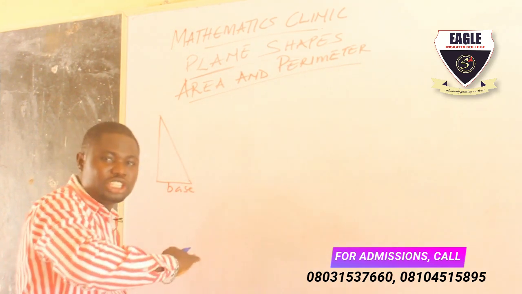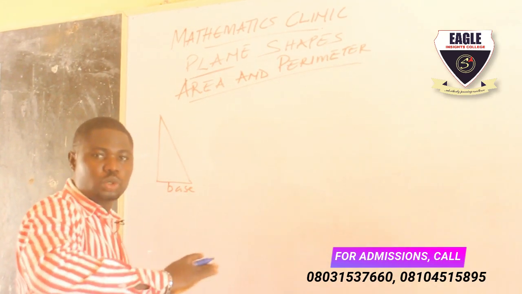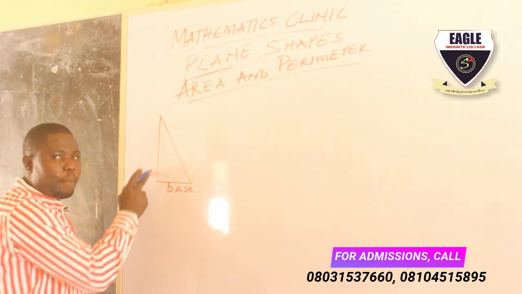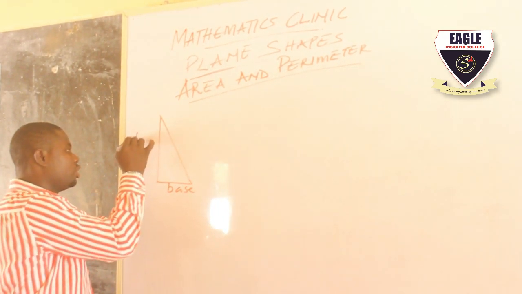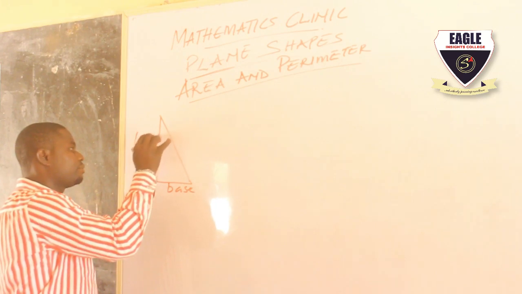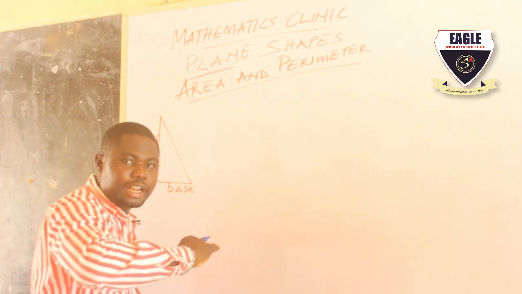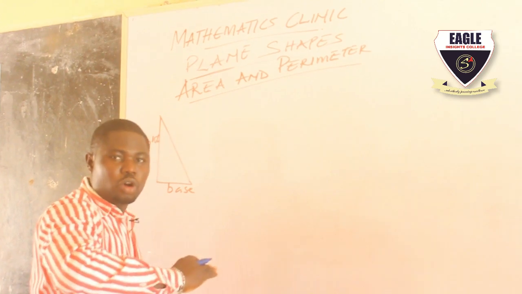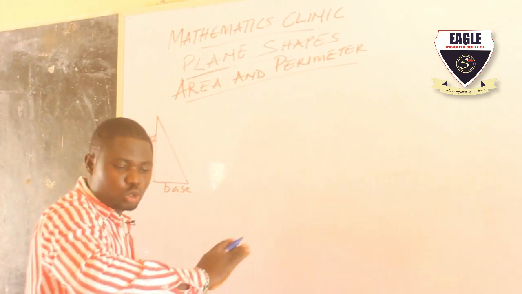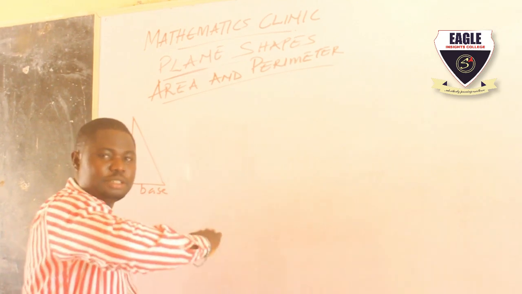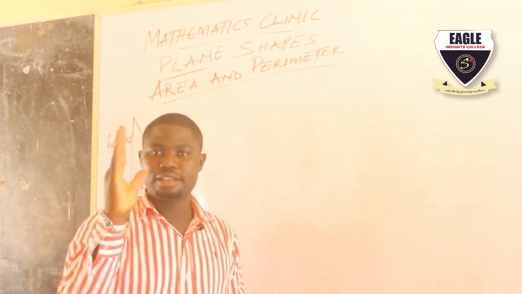Its length upward is what you call the height. So it sits this way and the height is this way. So this is base and this is height.